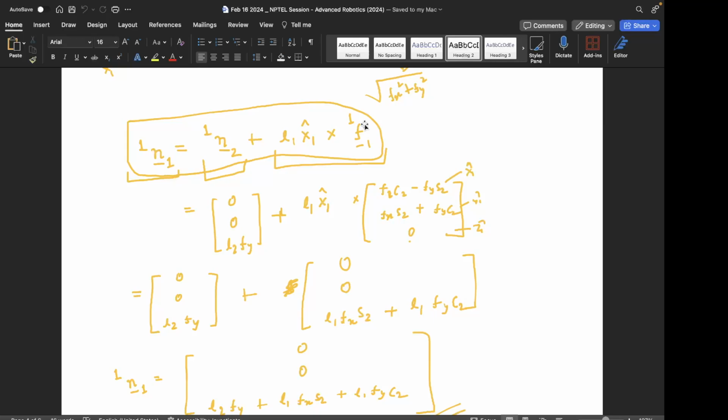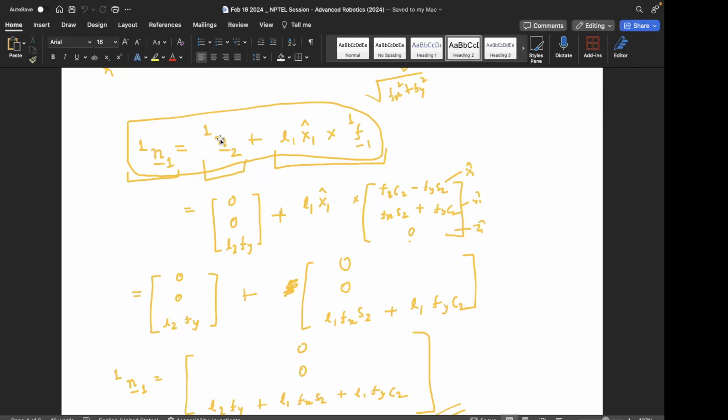At the time of writing the components, the selection of frame has to be done, and here I have selected frame 1. On both the left hand side and the right hand side, the frames should be consistent. All the quantities should be expressed in the same frame; if not, there will be wrong calculations.